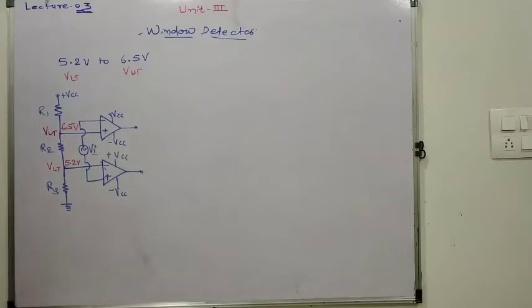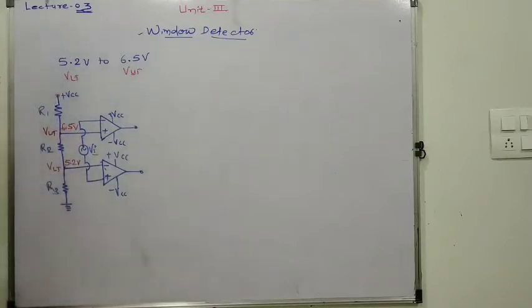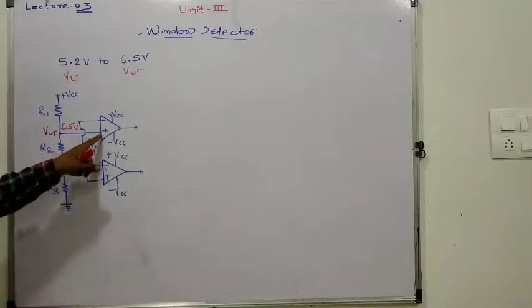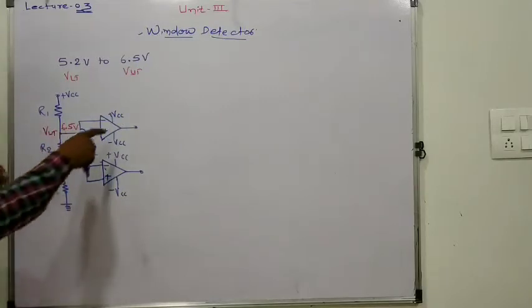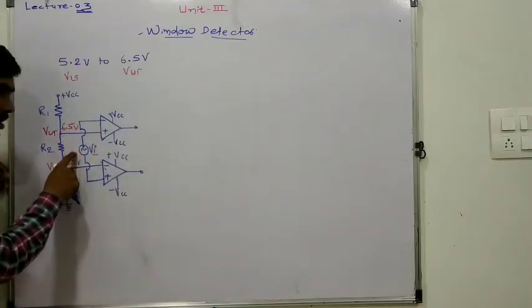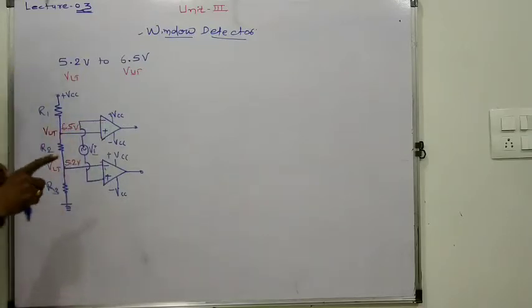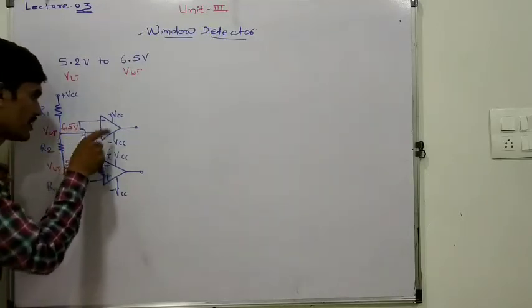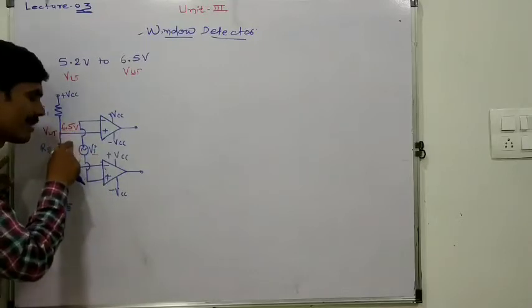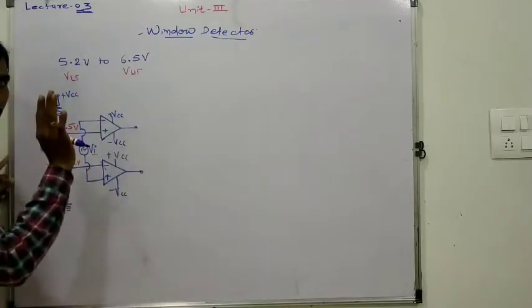That means we are getting plus or minus Vsat depending on the input we are providing, because basically this circuit acts as a comparator only, because we are comparing the input with the reference voltage. Now for the first operational amplifier, as we are providing the input to the inverting terminal, this 6.5 is fixed, so it will act as a reference voltage. Input is always compared with the reference voltage, whether it is above or less than the reference voltage, and depending on that the output is available.